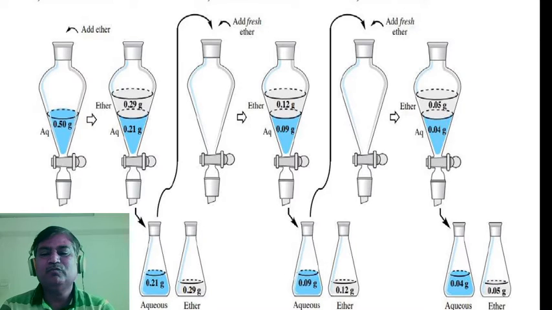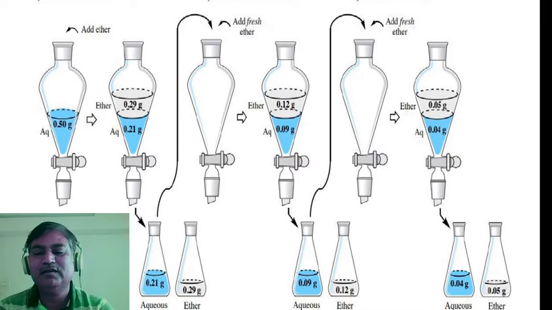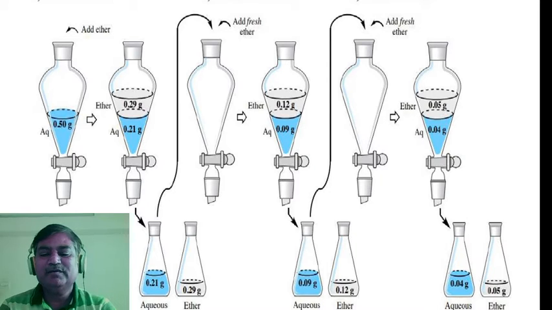Then we have to remove the aqueous phase from the second funnel into a new fresh conical flask, shown at the bottom, in which only 0.21 gram of solute remains, which is unextracted in the aqueous phase. The 0.29 gram that was extracted is taken in the ether shown alongside.